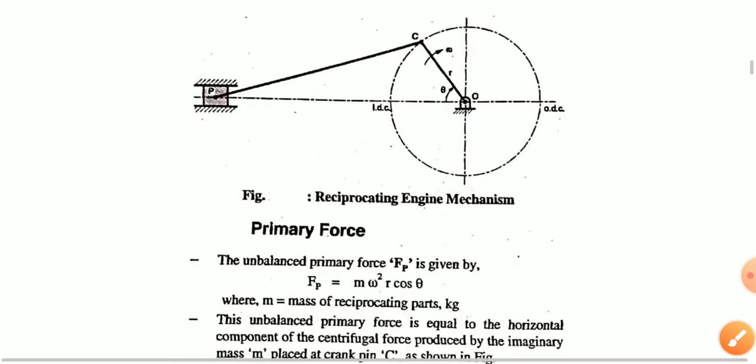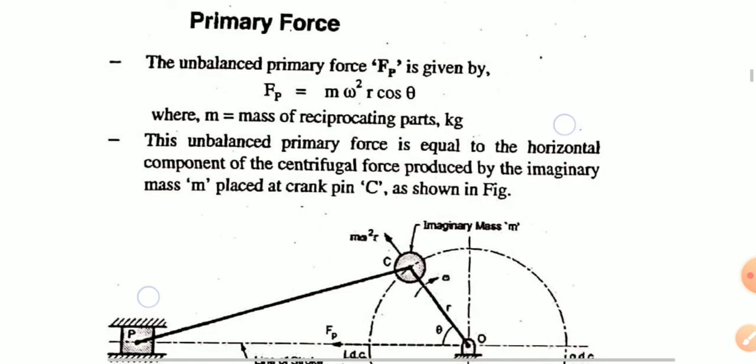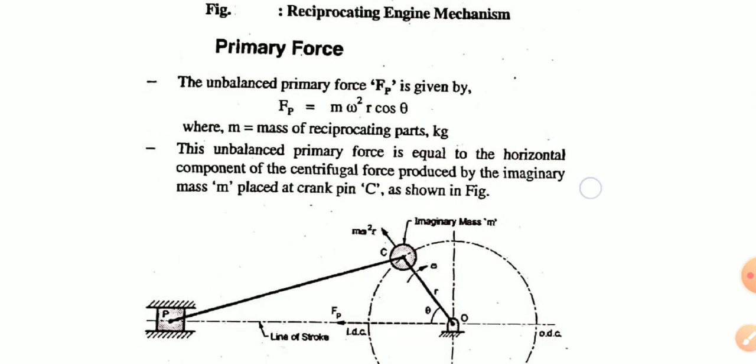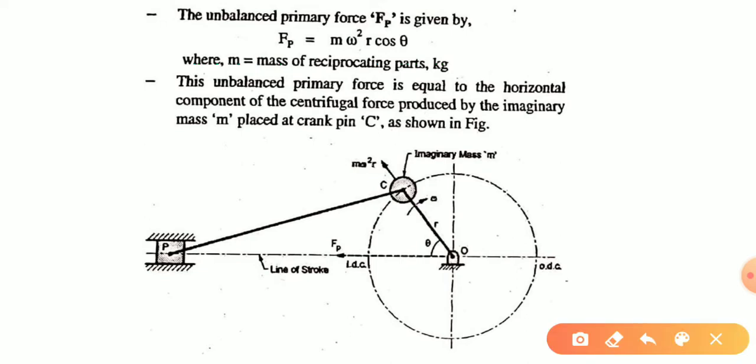Now the unbalanced primary force Fp will be equal to m omega square R cos theta, acting along the line of stroke.